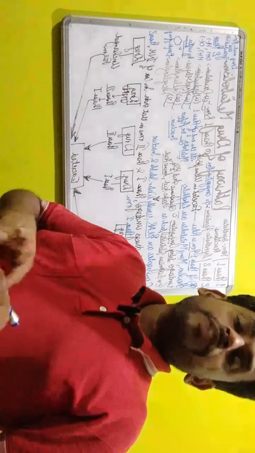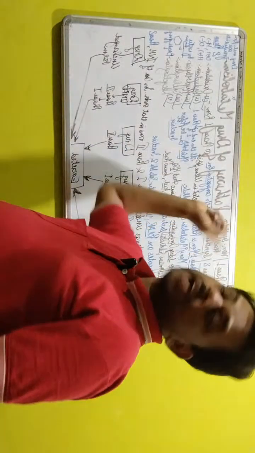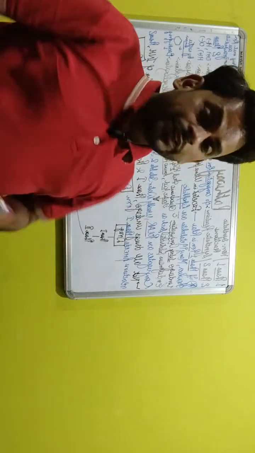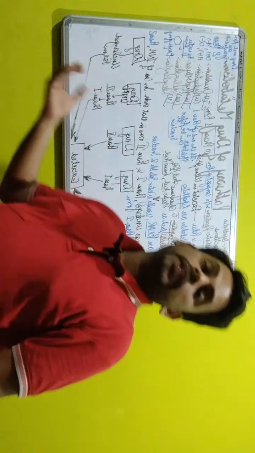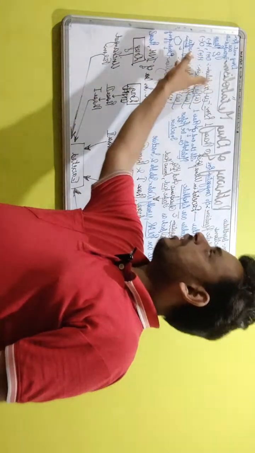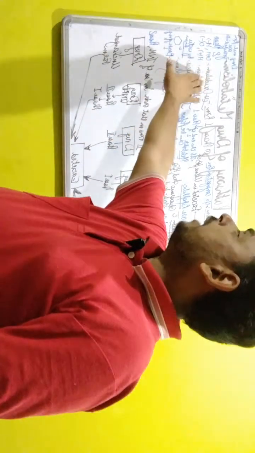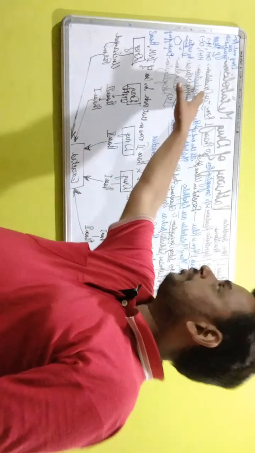Very importantly, the most common type of non-synthetic or phase 1 reaction is the oxidation reaction, and the drugs which fall under this category are phenytoin and phenobarbital. Phenytoin and phenobarbital mostly undergo oxidation reactions.